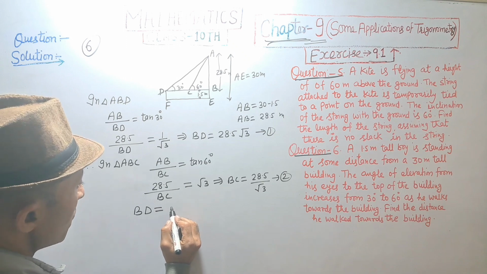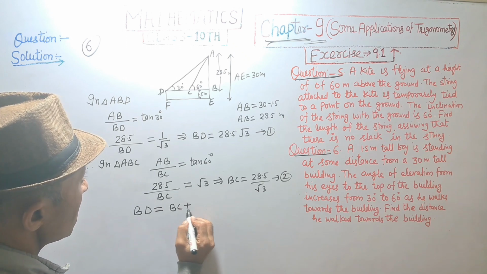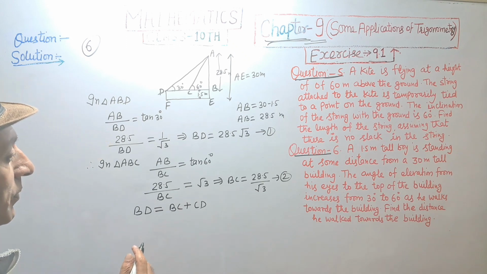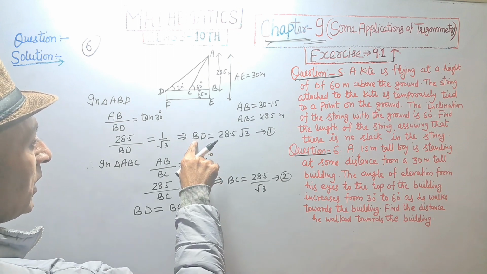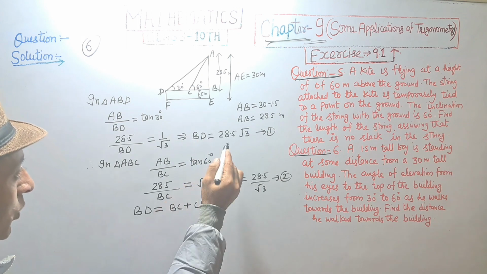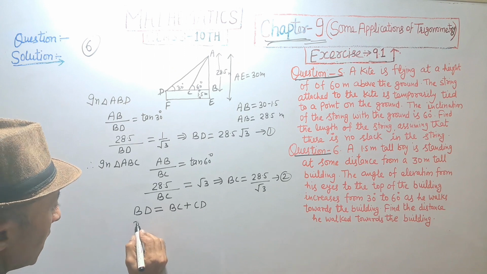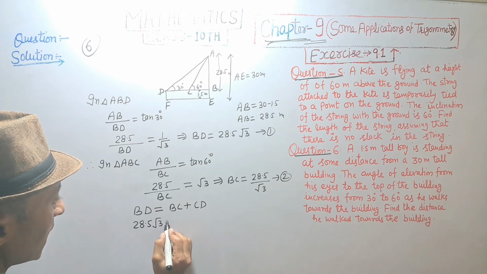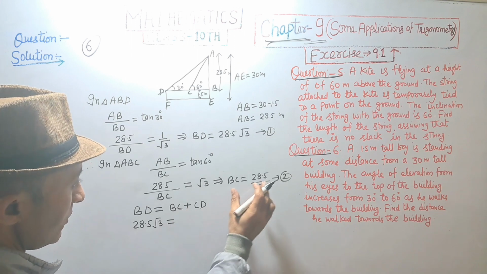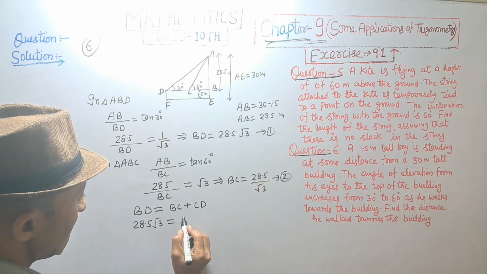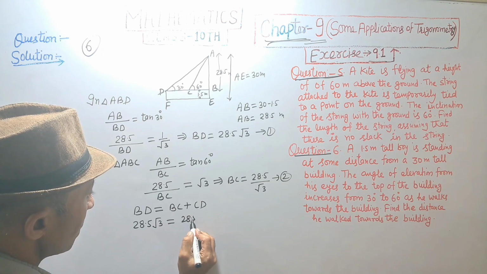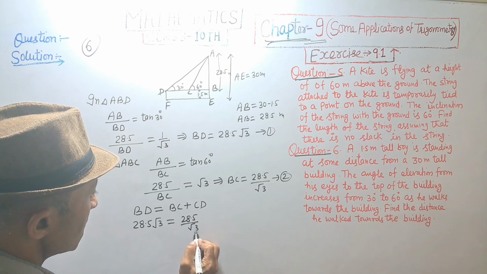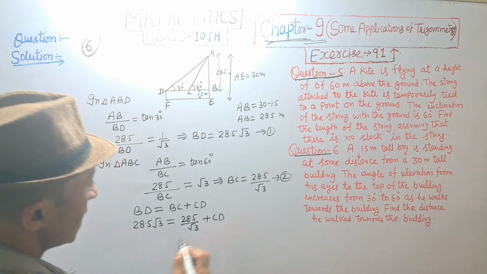BD is equal to BC plus CD, and the value of BD is 28.5 root 3. Putting the value of BD and BC, 28.5 root 3 is equal to 28.5 divided by root 3 plus CD.